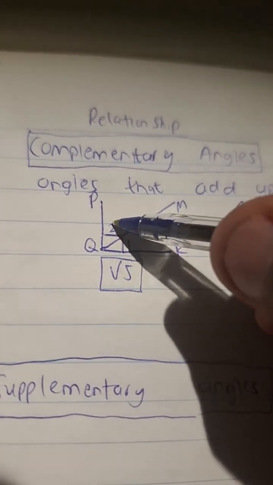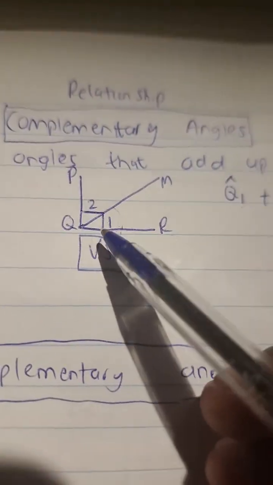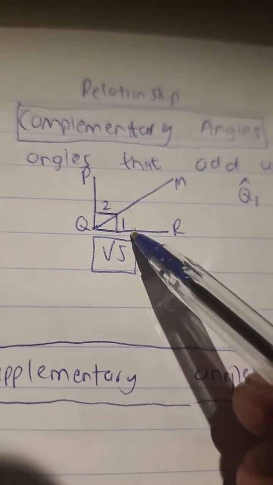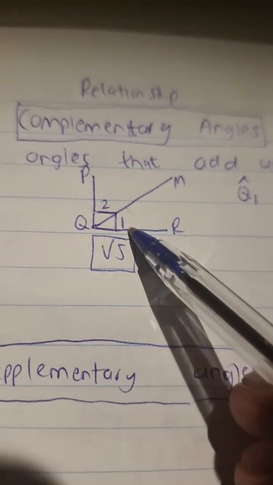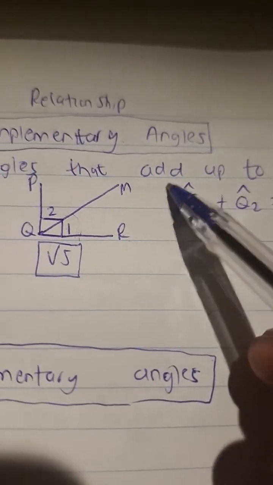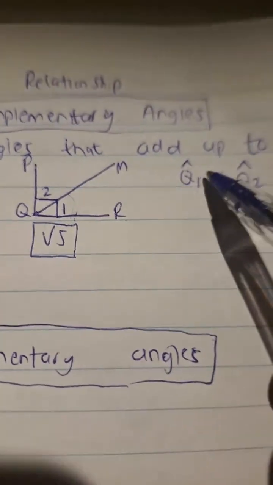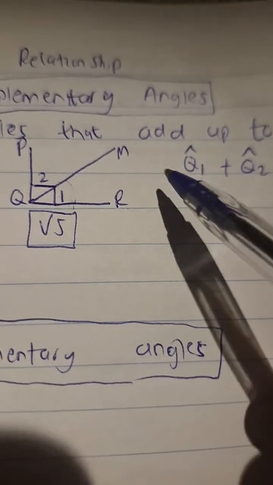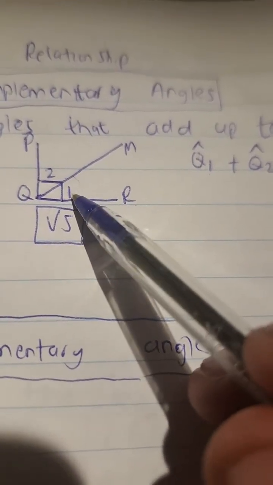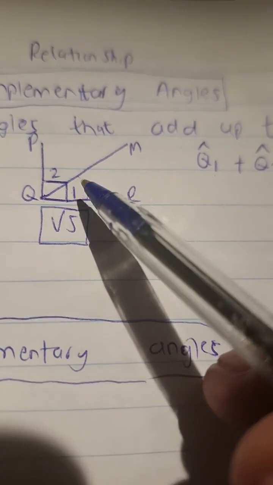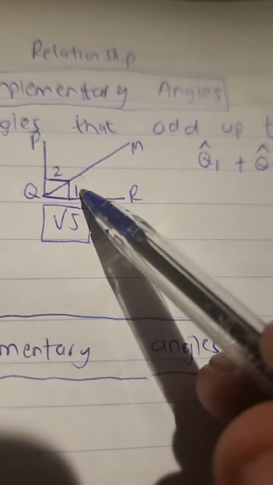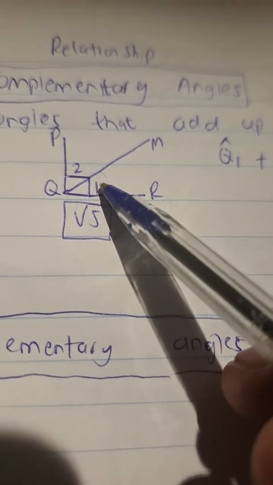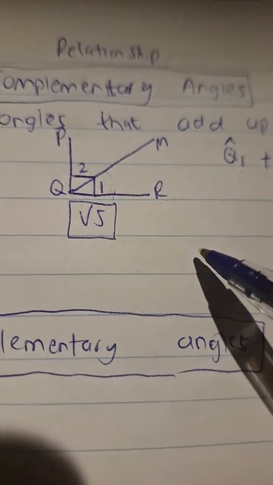When we refer to this specific angle here, we can loosely call it angle Q1. Why can we loosely call this angle Q1? The reason is that angle has been named as Q1.